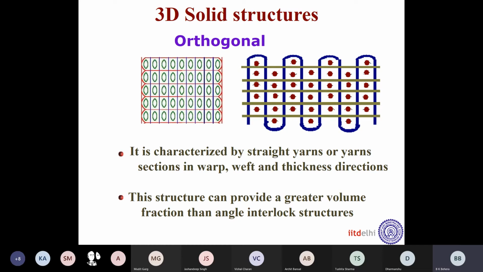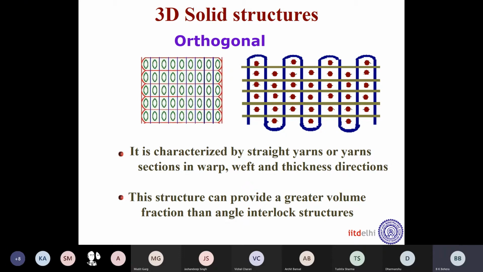In the total volume of the fabric, what is the volume occupied by the fiber? The ratio of the volume of the fiber divided by the volume of the total fabric is called fiber volume fraction. So in this orthogonal structure, it is possible to produce a fabric of greater fiber volume fraction.